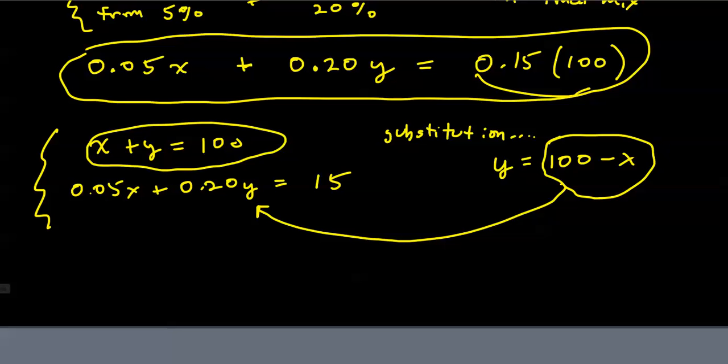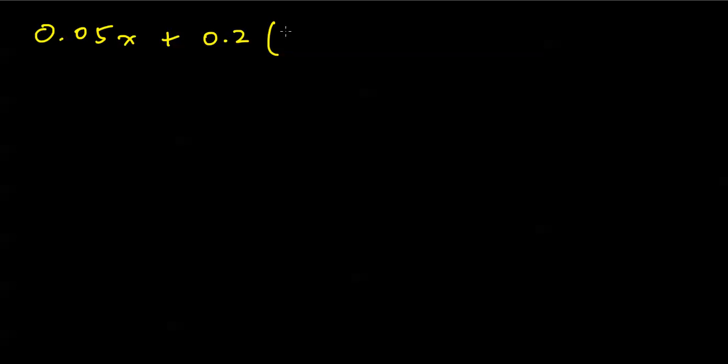Let me get another screen here. I'm going to say 0.05 times x plus 0.2 times y. Well, y is 100 minus x with that substitution, and that has to equal 15. Alright, if I multiply both sides by 100, I'll be able to get rid of all these decimals.